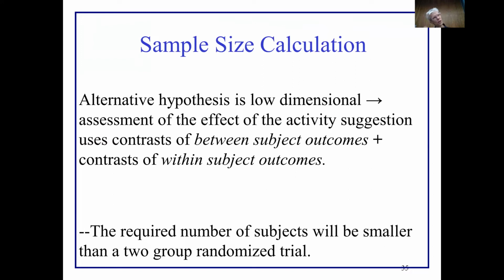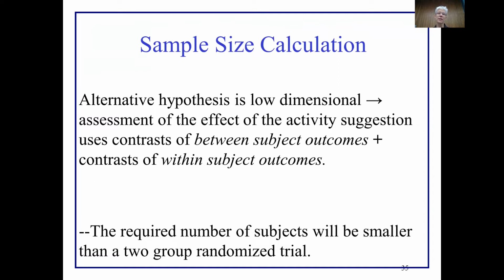Now, the choice of this particular alternative is relatively smooth. At first the effect may increase if we have one at all, and then it might decrease. What that does is that's a low dimensional alternative hypothesis. And this has payoff.